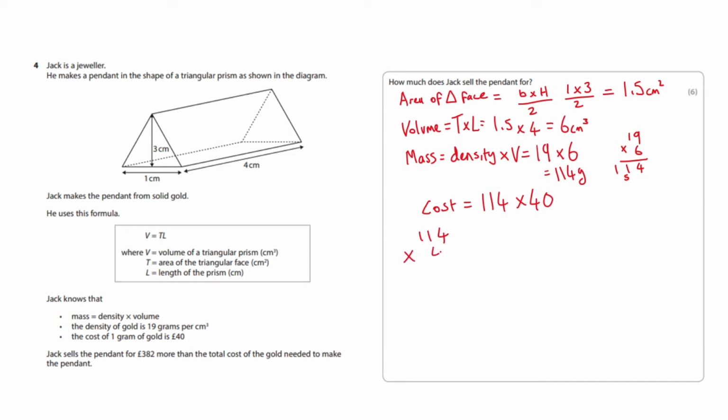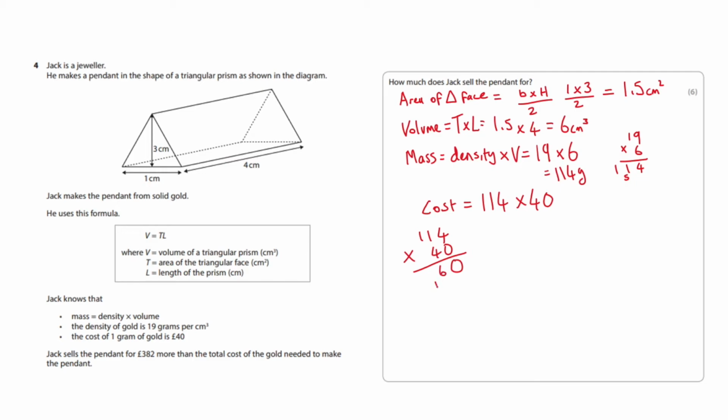We could multiply by 4 and then times by 10, which is adding just a 0. So we put the 0 there. 4 times 4 is 16.